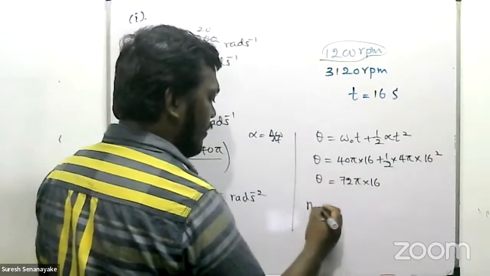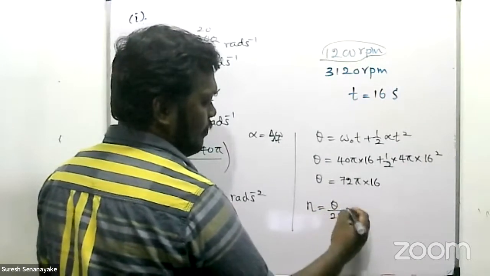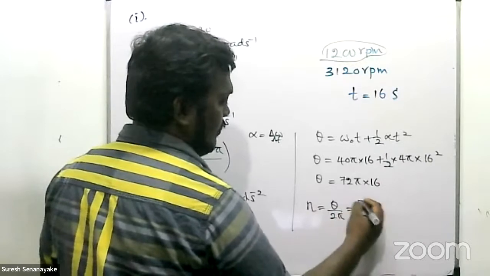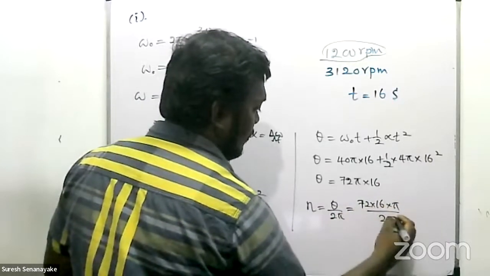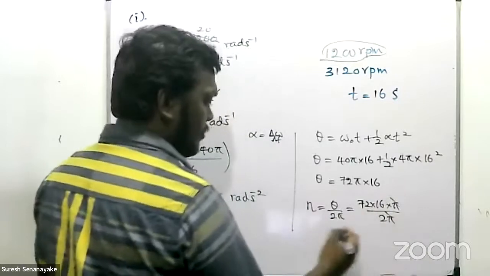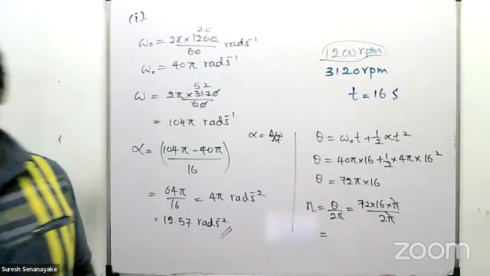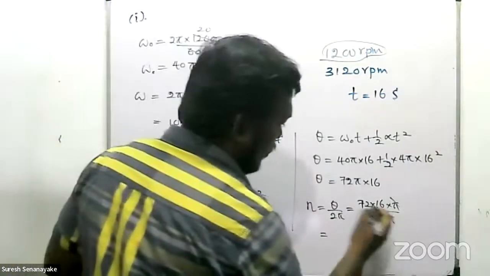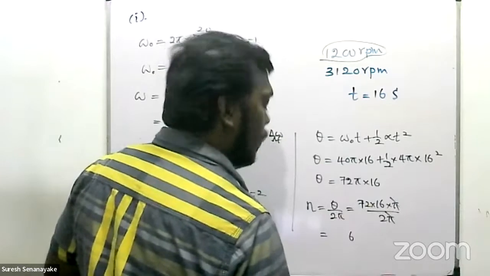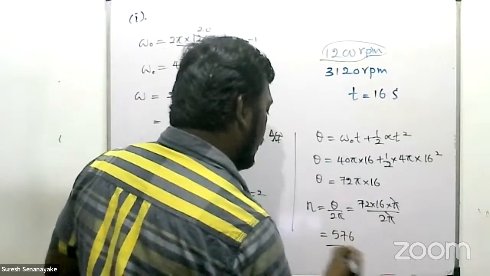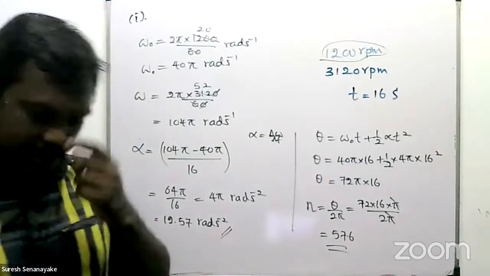The number of revolutions n is theta divided by 2 pi, which gives 576 revolutions.